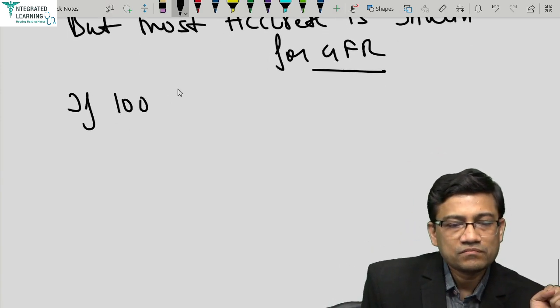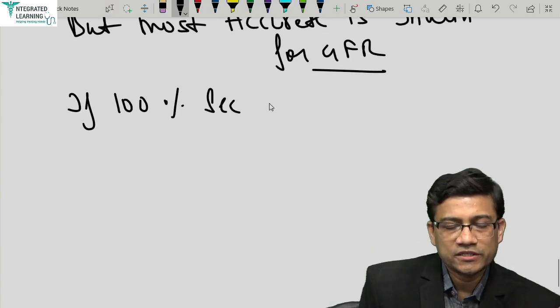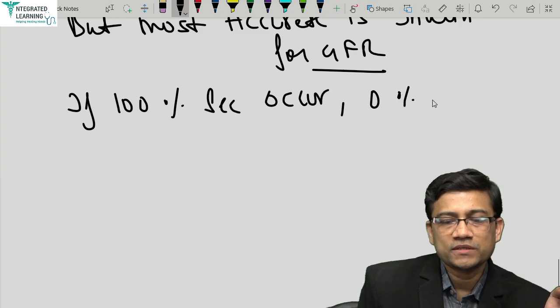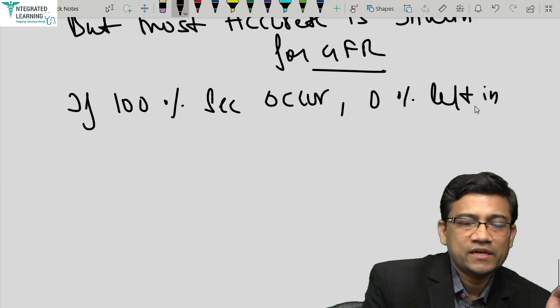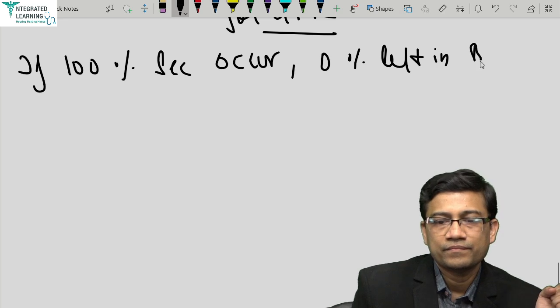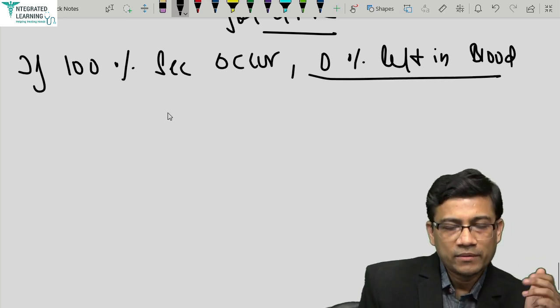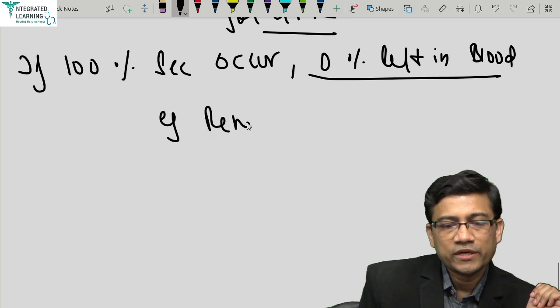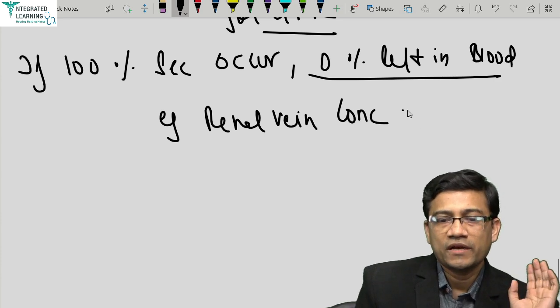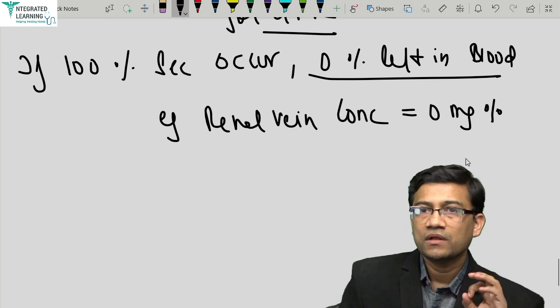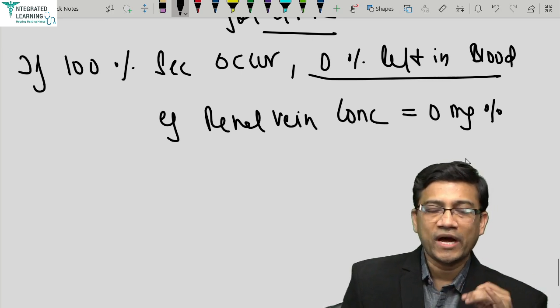If 100% secretion occurs, 0% is left in blood. So how much substance is left in the blood in the peritubular capillary? 0. Proof: if you take the renal vein concentration, it will be 0 milligram percent. And how is it possible? Because you were able to extract it all.